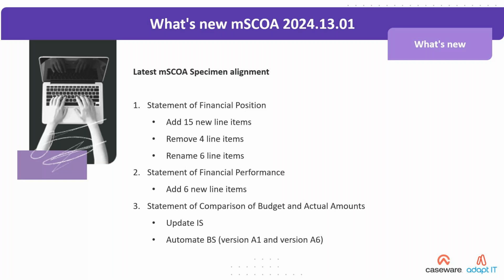The second part is the statement of financial performance. Within the statement of financial performance, we added 6 new line items. Then when we get to the statement of comparison of budget and actual amounts, we updated the income statement, and we also automated the balance sheet version A1 and version A6.